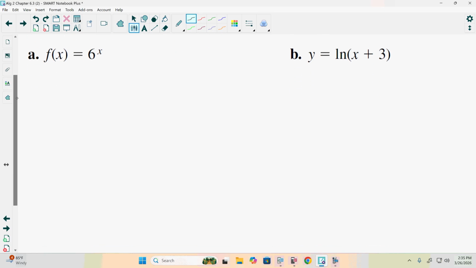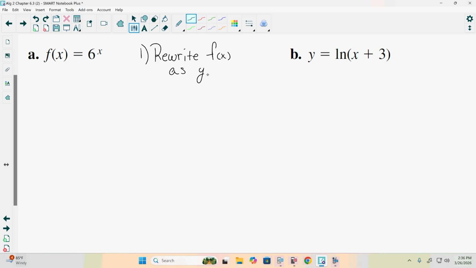Now, as I said, logarithms and exponentials are inverses of each other. So we were going to find the inverse of each one of these here. Now, the first step in finding the inverse is to rewrite f of x as y.